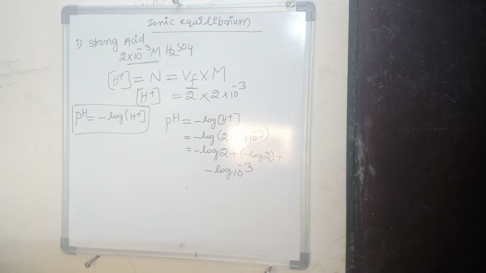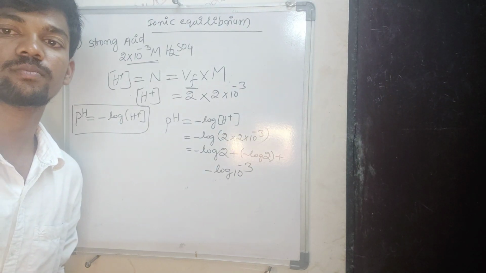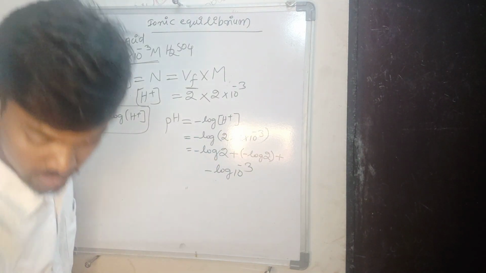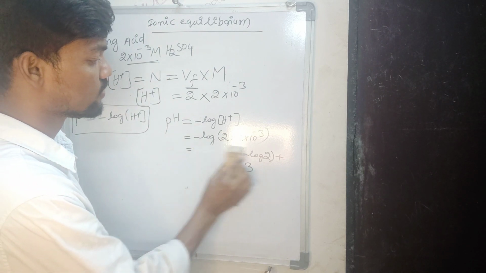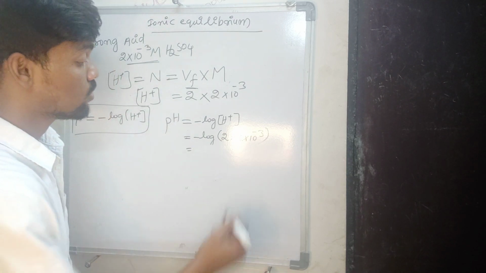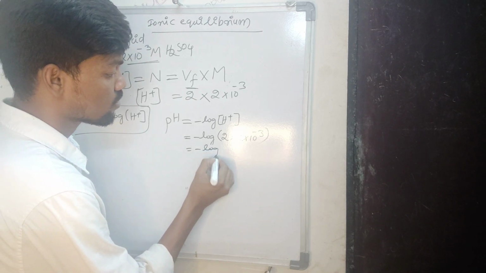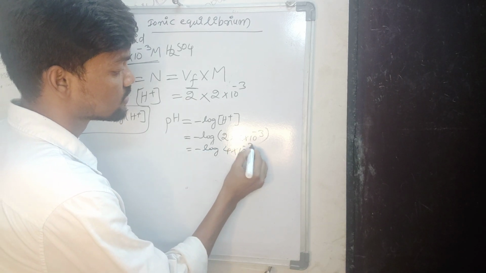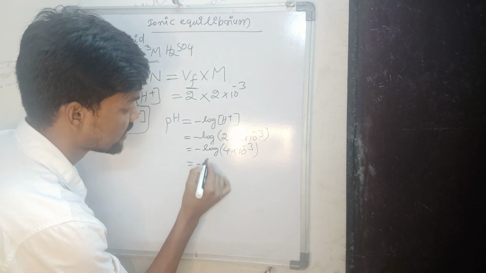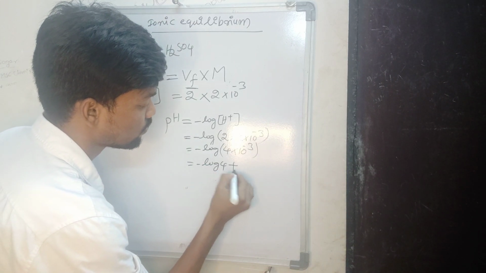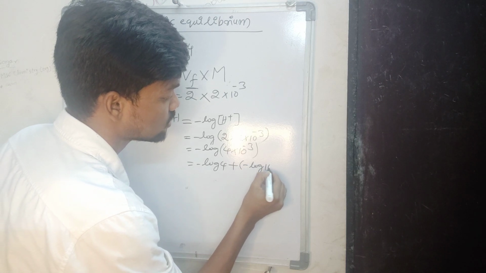Here we can also write 2 into 2 as 4 directly: minus log 4 into 10 power of minus 3. In A into B form, this is minus log 4 plus minus log 10 power of minus 3.